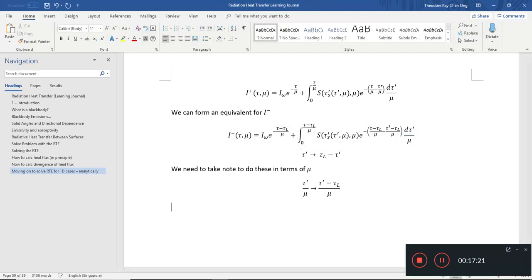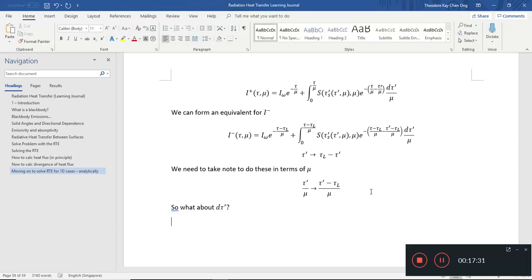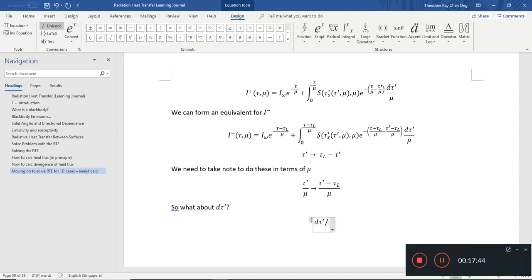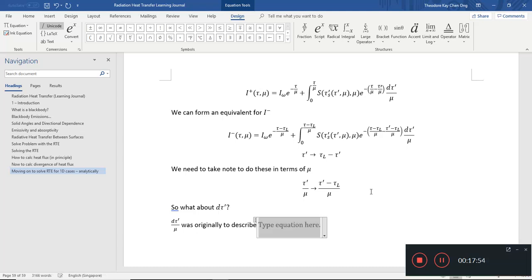Alright, and the other thing is, what about this d tau prime? What is this d tau prime? D tau prime over mu was originally to describe d tau s prime, right?